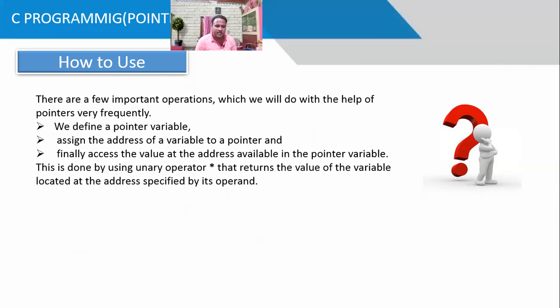This is done by using the unary operator that returns the value of the variable located at the address specified by its operand.